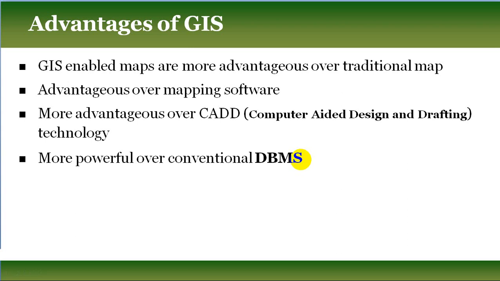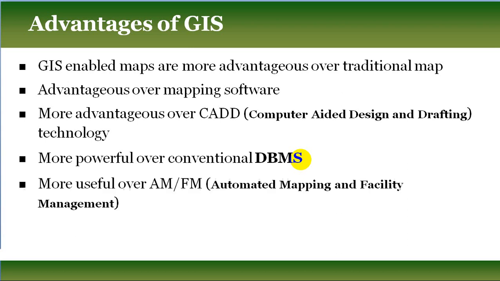So whatever advantages DBMS has, a GIS database also has all those advantages, but along with this, a GIS database is also capable of handling geographical data. For that reason, GIS is much more powerful than conventional DBMS.